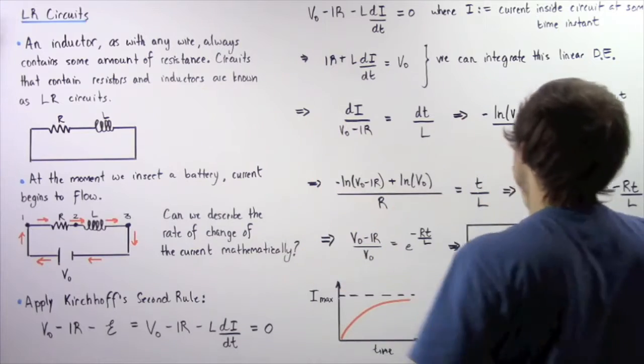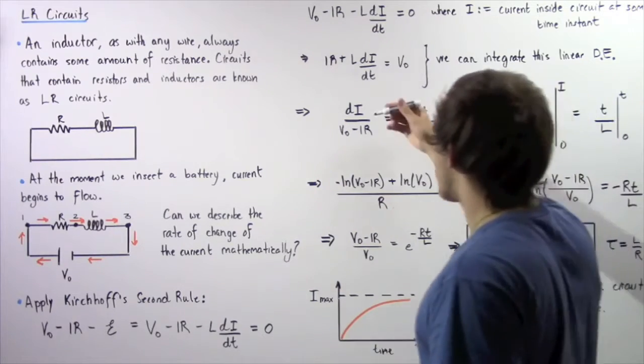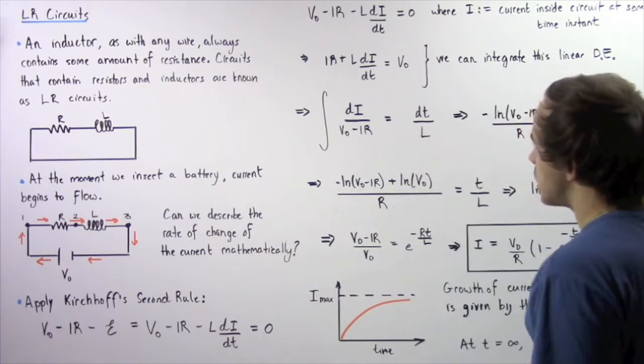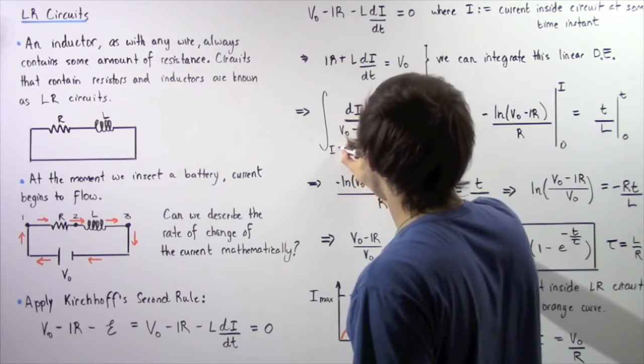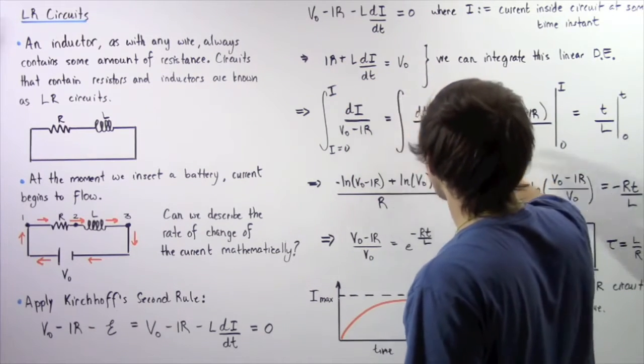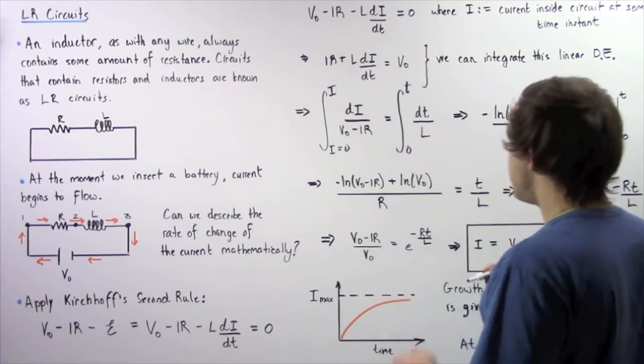We can take this linear differential equation and integrate it. Let's integrate the left side from I equaling 0 to I, and we integrate the right side from time equals 0 to some time t.